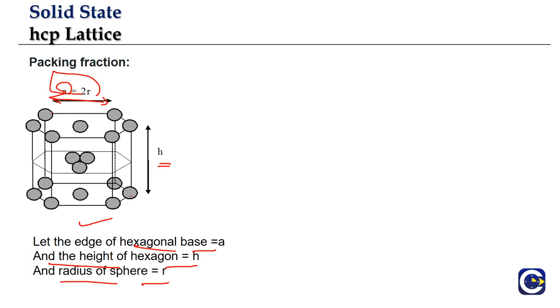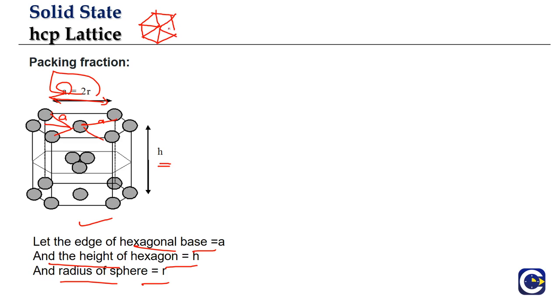And remember the regular hexagon property: the lines that connect from the center of the hexagon to the corner will have the same length as the edge length. A regular hexagon can be divided into 6 equilateral triangles.